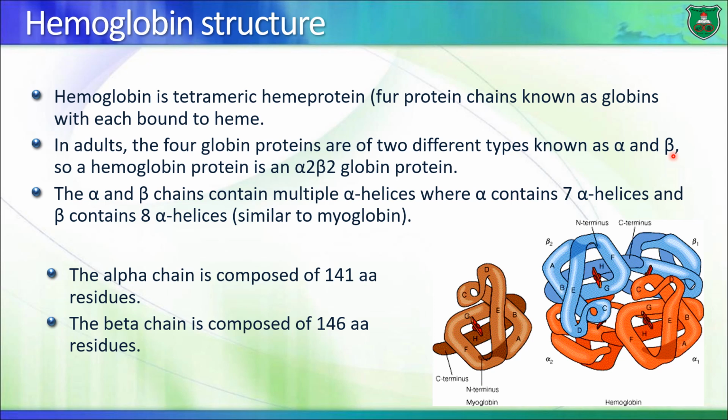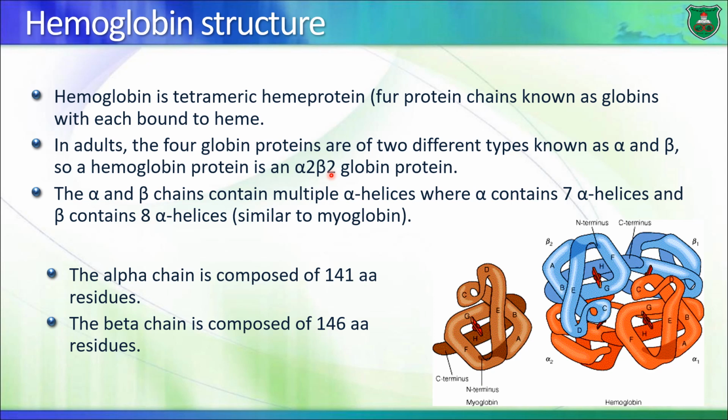So you have 2 of each. So the hemoglobin molecule is known as an alpha 2 beta 2 protein because it has 2 alpha chains and 2 beta chains.